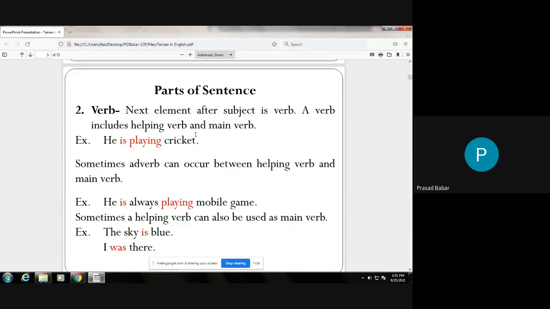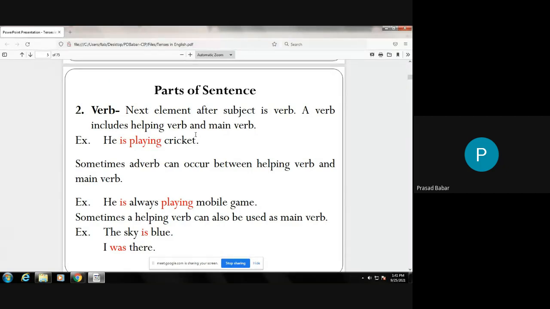If there is no main verb present in the sentence, then we can use the helping verb as a main verb. When there is an absence of the main verb in a sentence, and there is a helping verb in the sentence, then that helping verb becomes the main verb of that sentence.